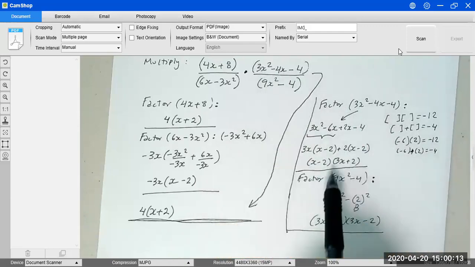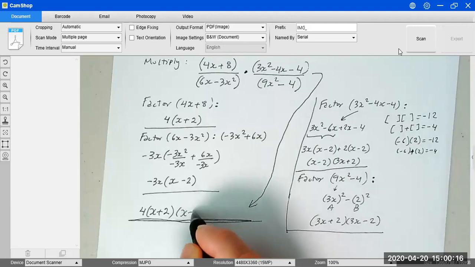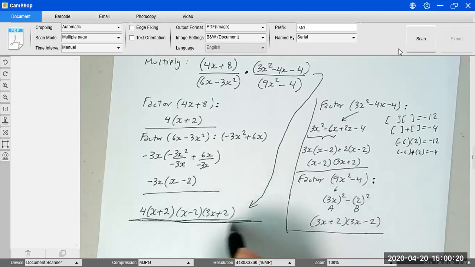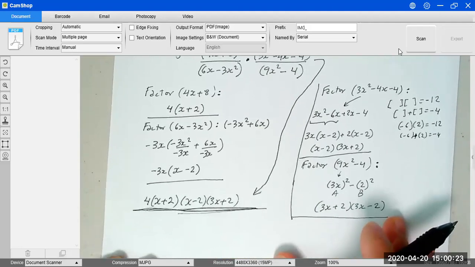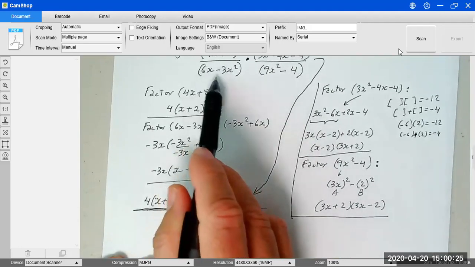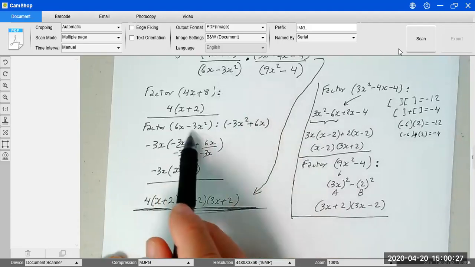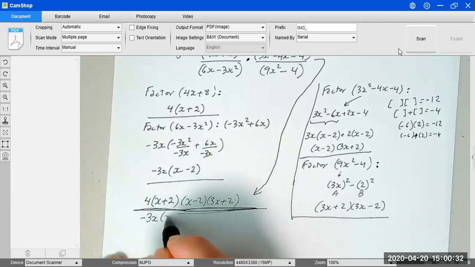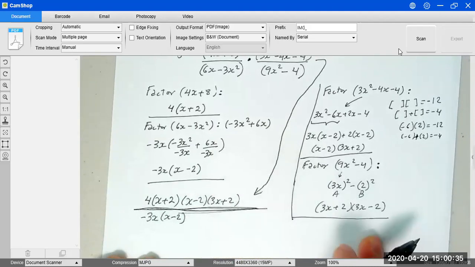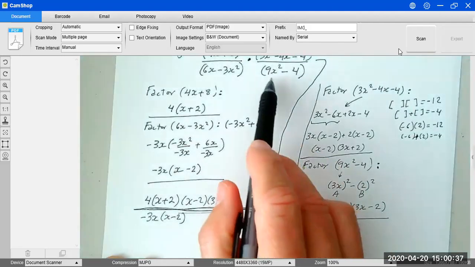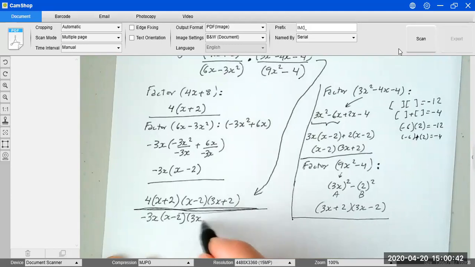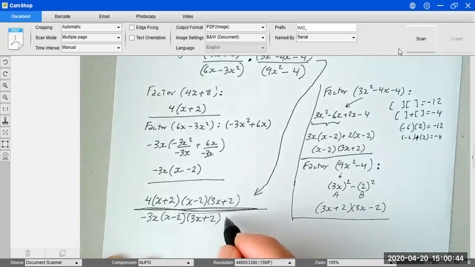You go here and you find x minus 2 that multiplies 3x plus 2. Then for the denominators, 6x minus 3x squared is over here. The final answer was negative 3x that multiplies x minus 2. Finally, the last denominator, 9x squared minus 4, is going to be written as 3x plus 2 times its conjugate.